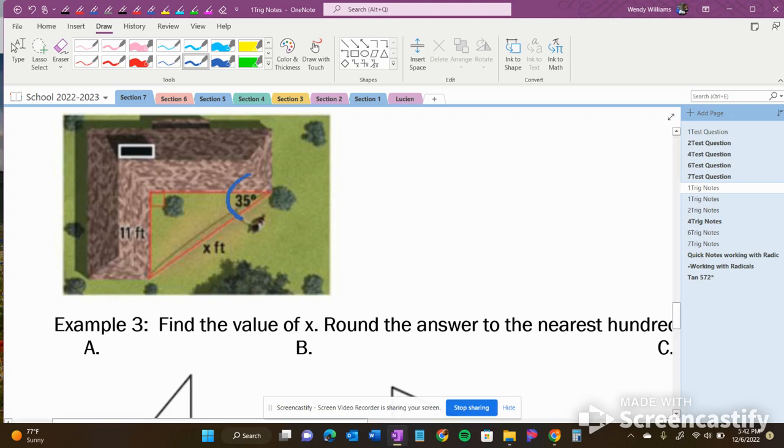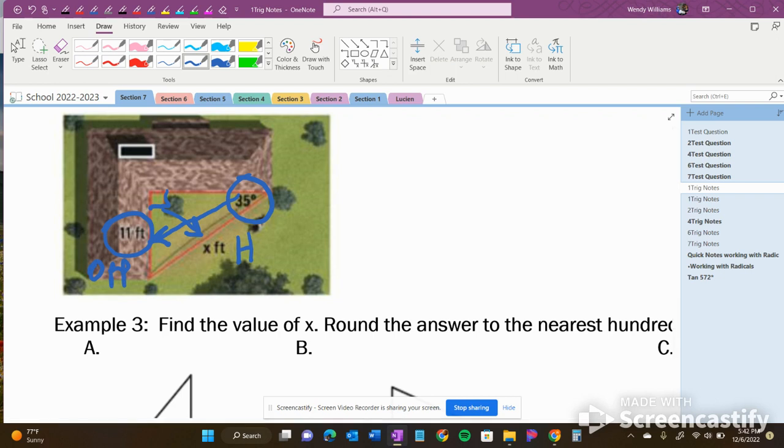Yes, so we're going to focus on that angle. From that angle, we see the right angle here. So we know that this has got to be my dog, the hypotenuse. And then opposite 35 is this side. So that's my opposite.